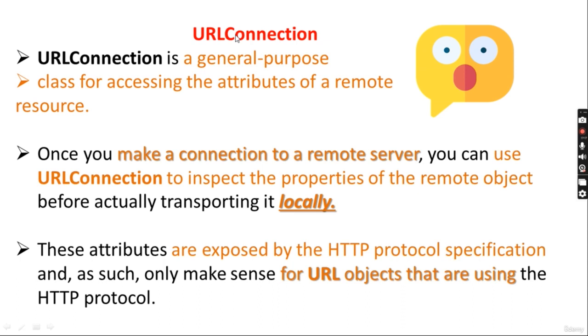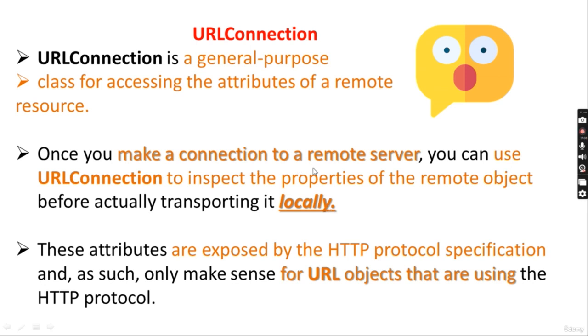Next, URLConnection is a general purpose class for accessing the attributes of the remote resource. Once you make a connection to a remote server, you can use URLConnection to inspect the properties of the remote object before actually transporting it locally.